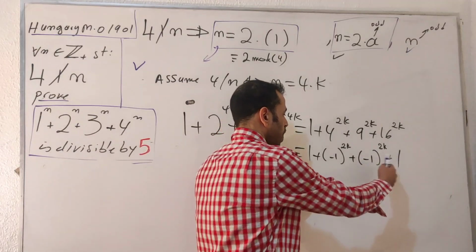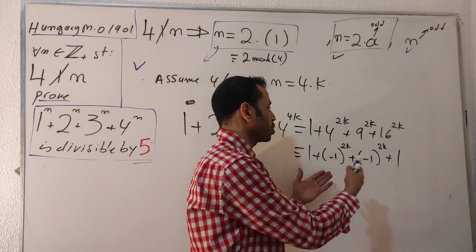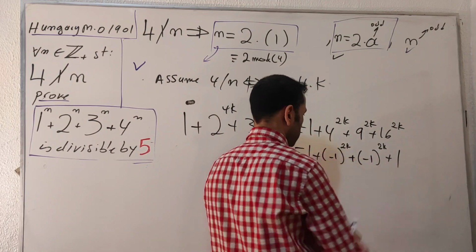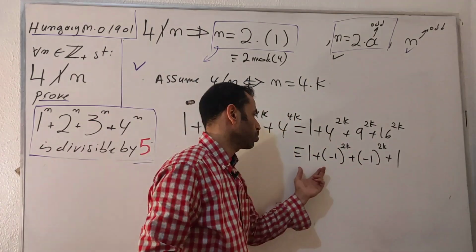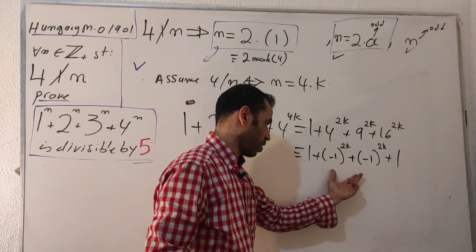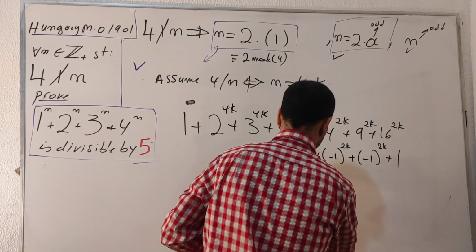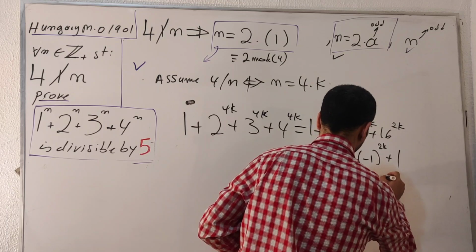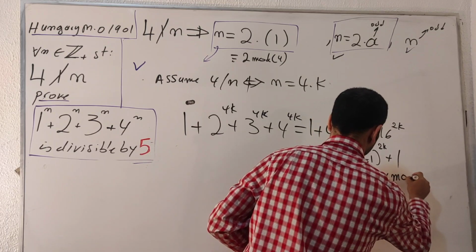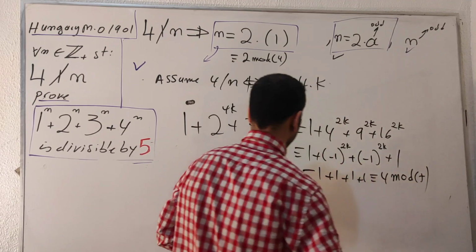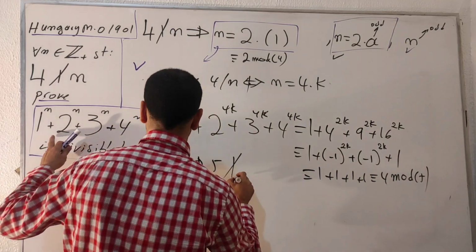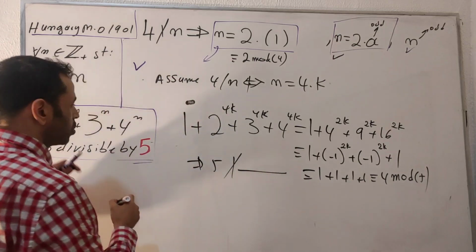So when you add together, it gives 1 plus 1 plus 1 plus 1, which is congruent to 4 mod 5. So 5 cannot divide this number, which is this one.